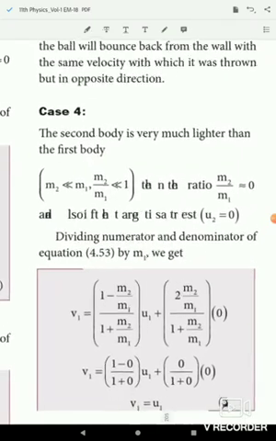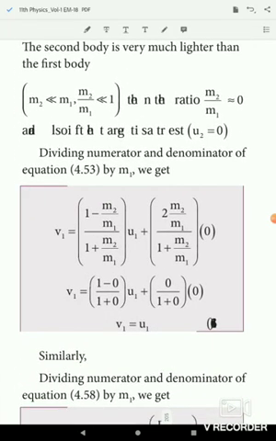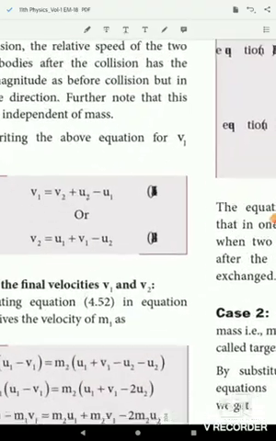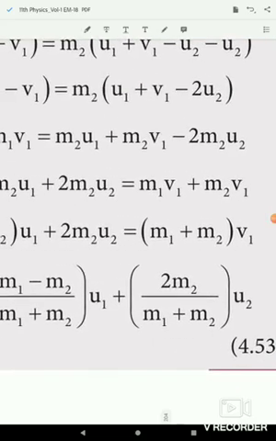Now case number 4: the second body is very much lighter than the first body, so m2 is very much less than m1, m2/m1 is very much less than 1, and the ratio m2/m1 equals 0. The body is at rest, so u2 becomes 0. Using equation 4.53, multiply and divide by m1.